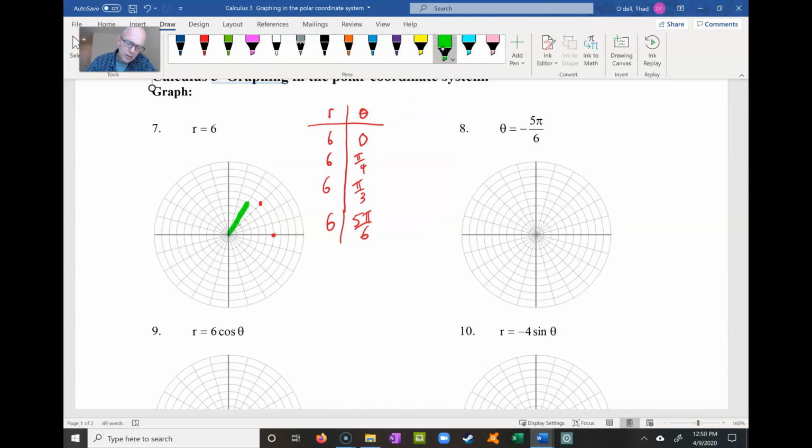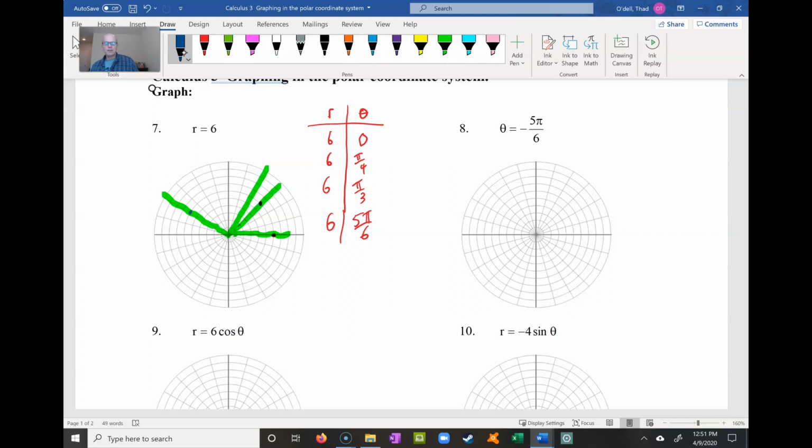So be right along that line. If I'm facing in the 5 pi over 6, that'd be way over here somewhere, facing in that direction, right? And I'm going out 6 still. So that would be 1, 2, 3, 4, 5, 6.